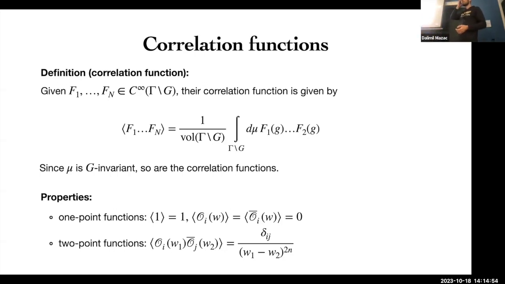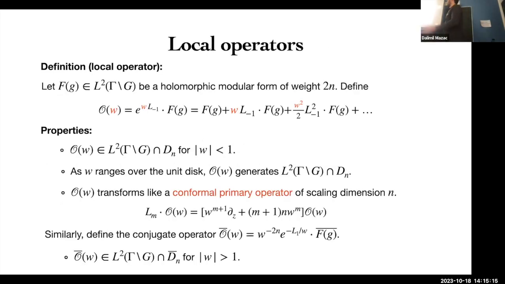In this picture of the surface with the orbifold points, where should I see this coordinate w? The w doesn't live on the surface at all. It's like an auxiliary variable. It's just a way to parameterize different functions. Maybe I could write a more explicit formula, but here's the definition of w.